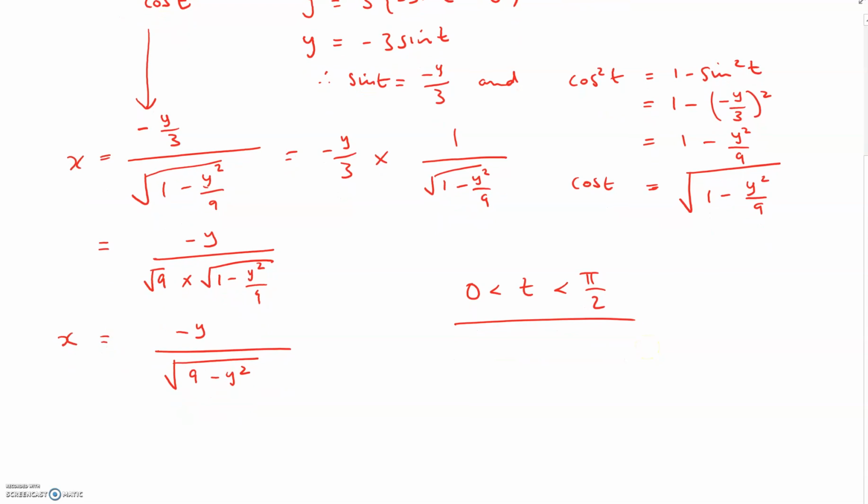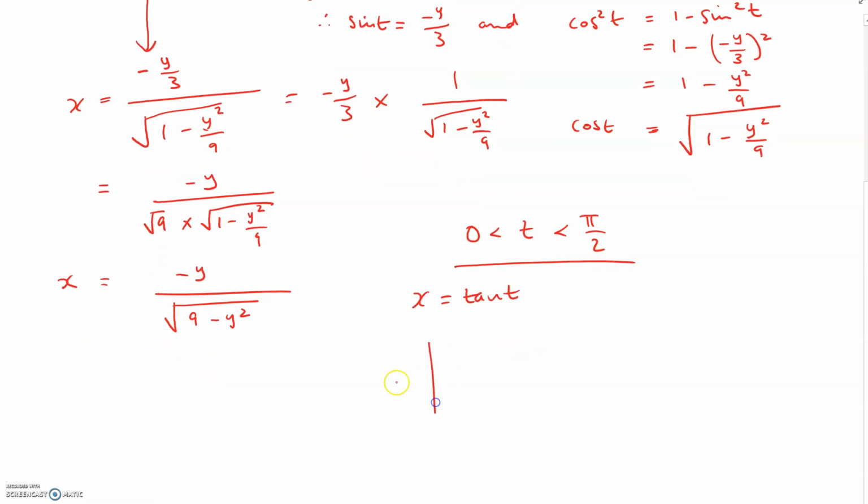X is tan t, and the graph of tan between 0 and pi over 2 looks like this, and therefore we can quite easily say that x is just greater than 0. Not including 0 though, because t is not included the value of 0, so we're not including x, the value of 0.